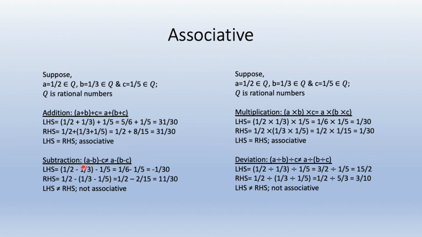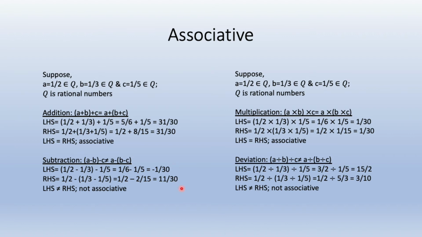Come to the subtraction part. On the left hand side, first we subtract A and B. After that we subtract C. Then we got the answer minus 1 by 13. And from the right hand side we got the answer 11 by 30.